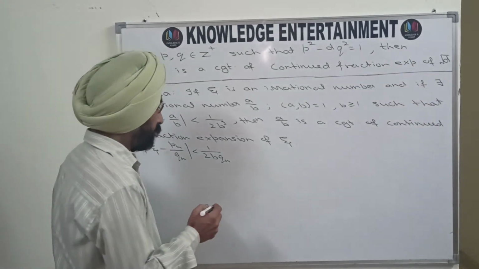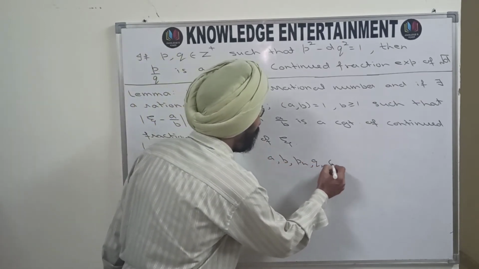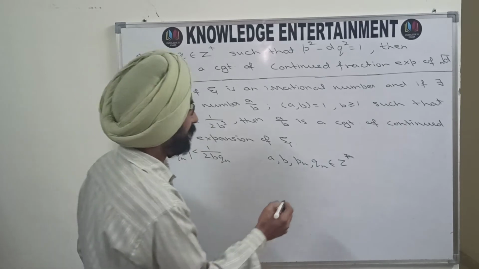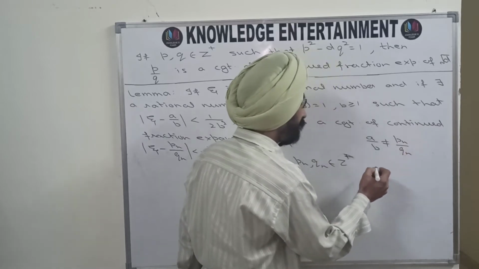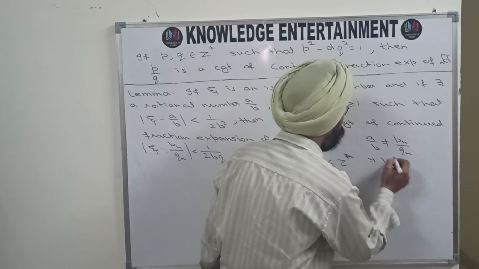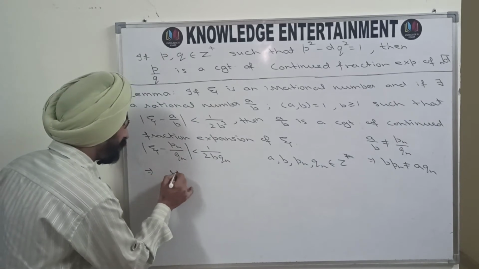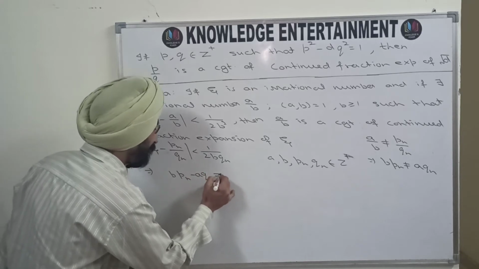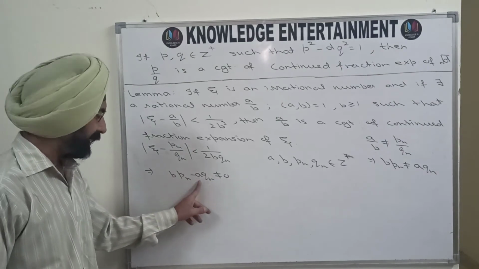Now, a, b, pn, qn are all positive integers, and since our a upon b is not equal to pn upon qn, that means b pn is not equal to a qn, and this means b pn minus a qn is not equal to 0. b is an integer, pn is an integer, a is an integer, qn is an integer.